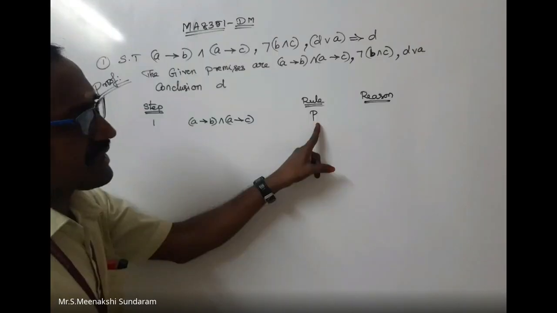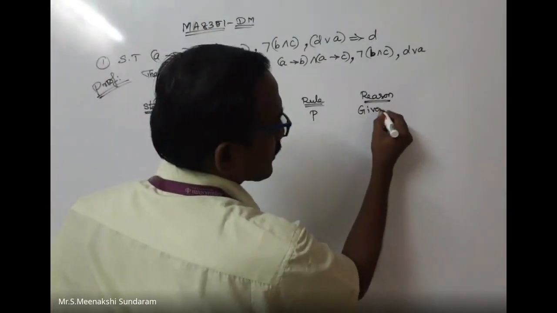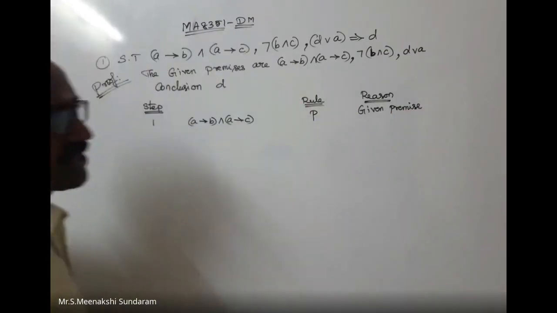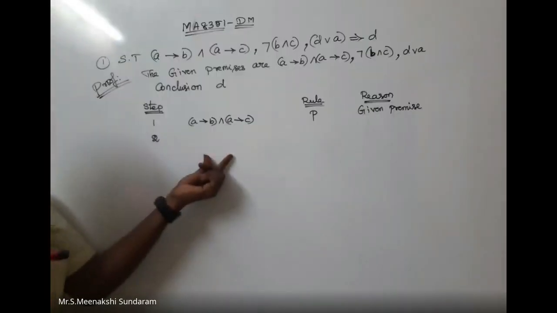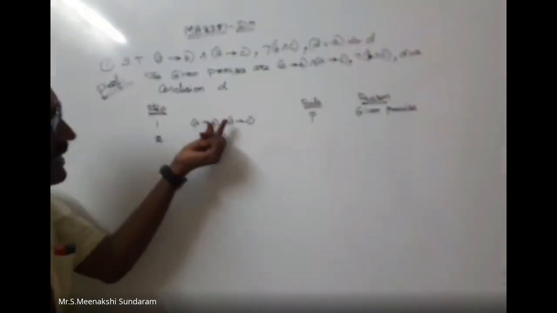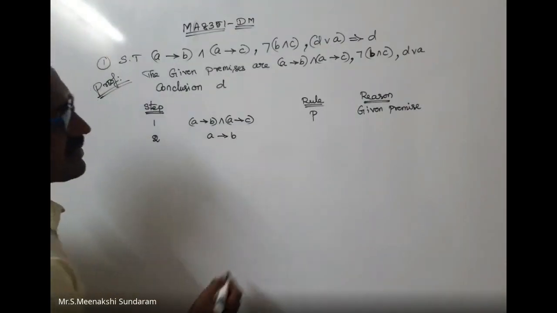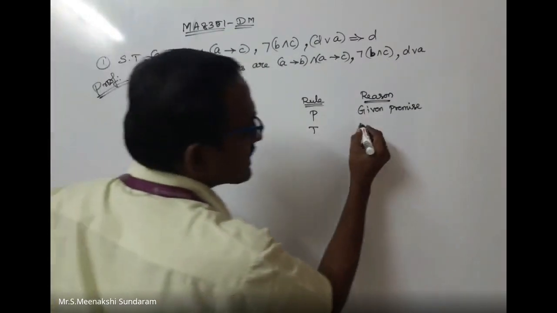The reason is given premise. Second step, I can write the simplification: P conjunction Q can be written as A tends to B. That is a formula. I can apply the formula with rule T, simplification.